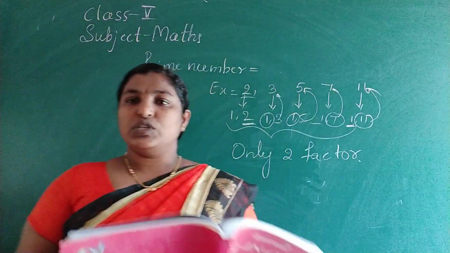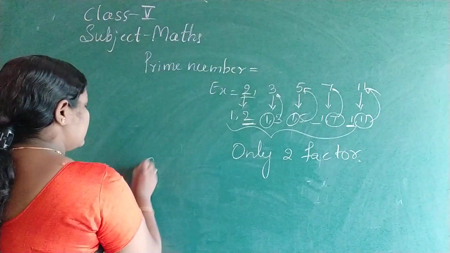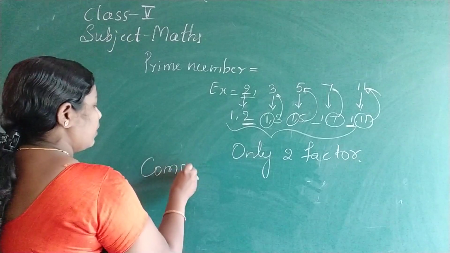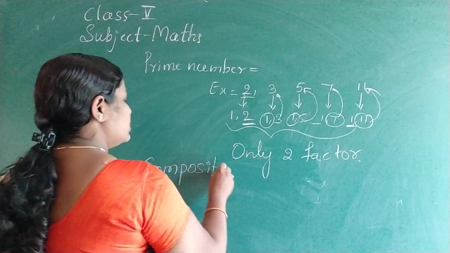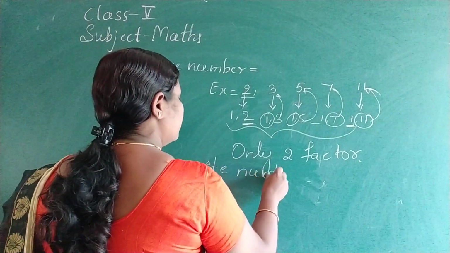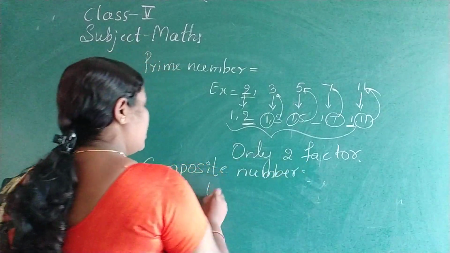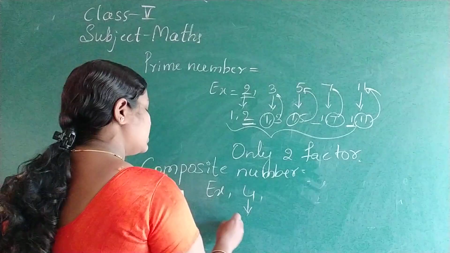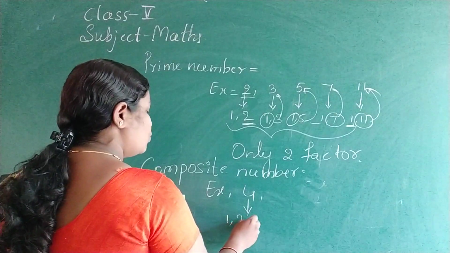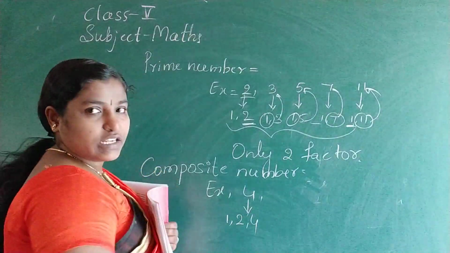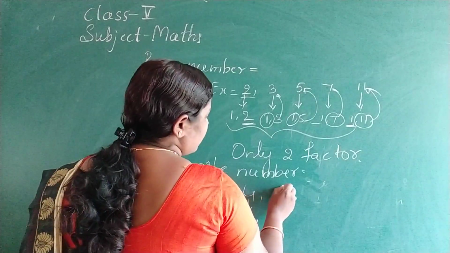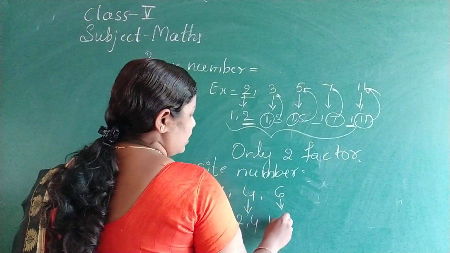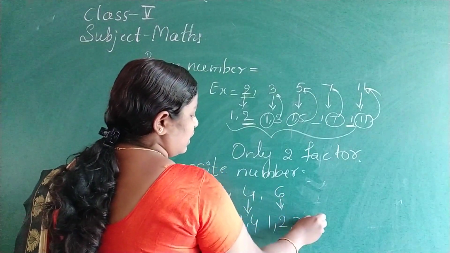Okay. What is composite? Composite number. Example, 4. See, 4 has 1, 2 and 4. There are three factors for 4. Then 6: 1, 2, 3 and 6.